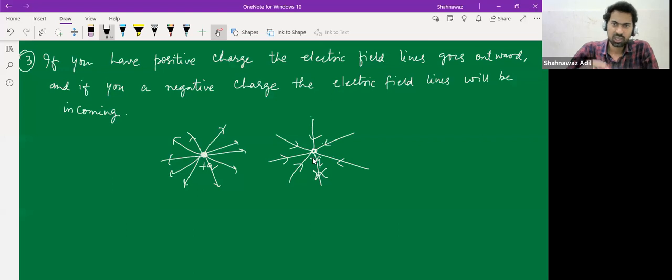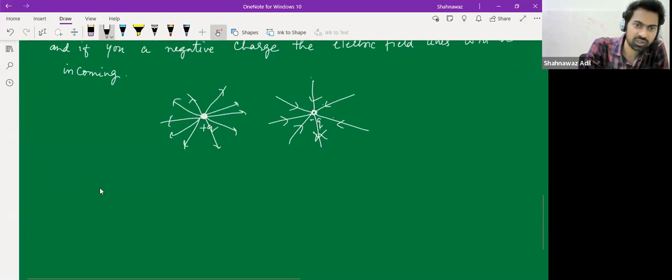So let me ask you a question. Let's say I have this positive charge, and this is of plus 2 coulomb. So this would be the diagram of plus 2 coulomb.